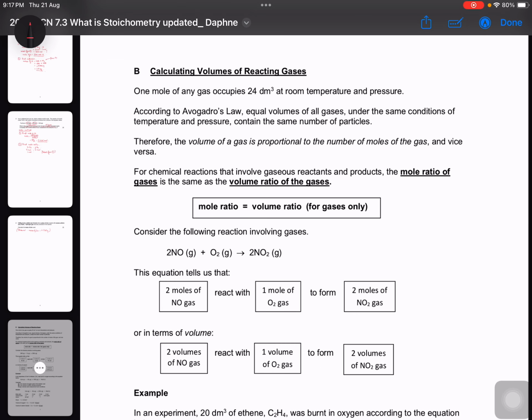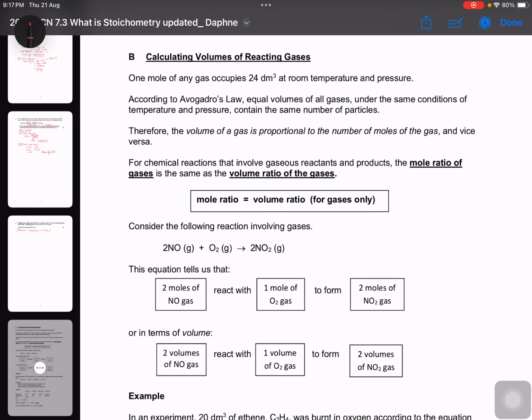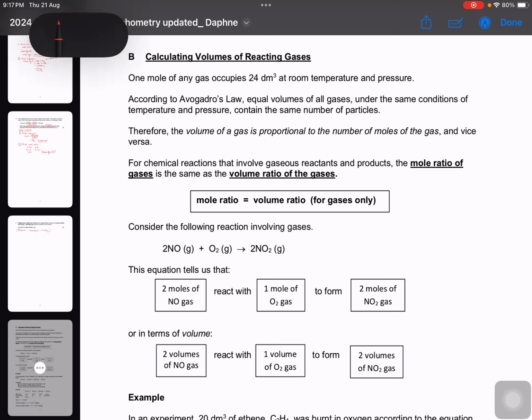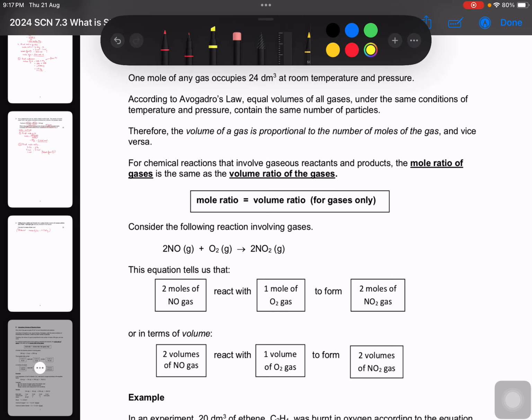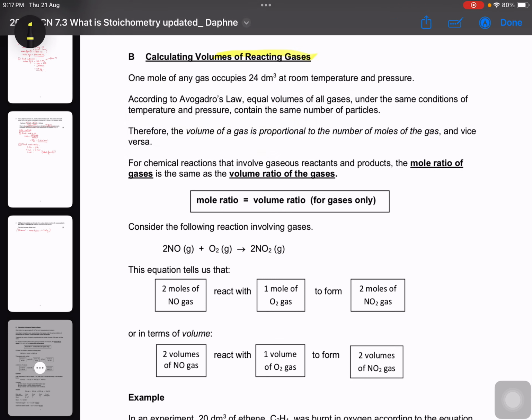The next part is calculating volumes of reacting gases. The keyword here is gases: what we are going to learn here applies only to gases. So 1 mole of any gas occupies 24 dm cube. We already learned that. Equal volumes of all gases will contain the same number of particles.